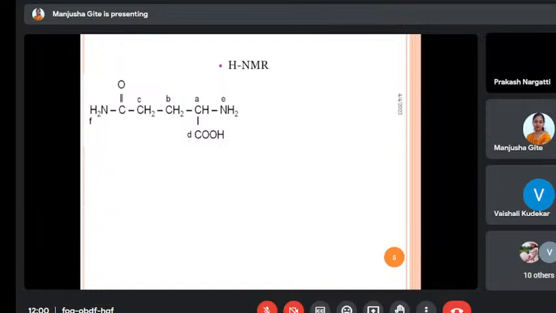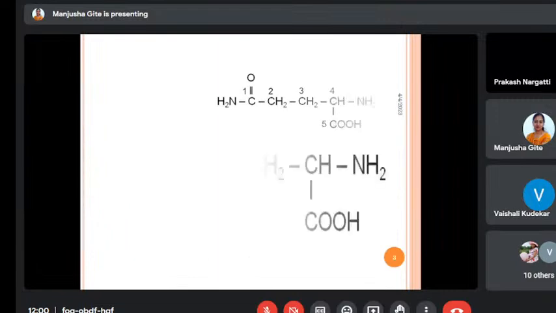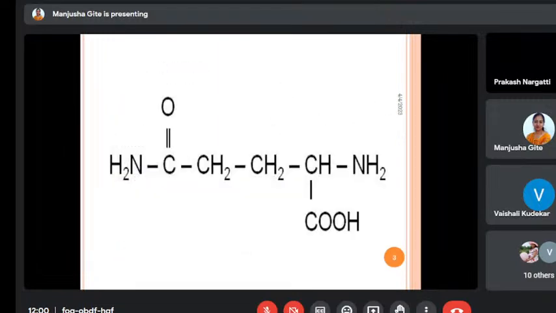For example, see our glutamine structure. I have not yet opened the second slide; I am just sticking to the structure of glutamine. There are two CH2 groups after CONH2. Are they equivalent or non-equivalent? Non-equivalent. Good. Why? Because the first CH2 is attached to C double bond O, and the second CH2 is attached to CH.